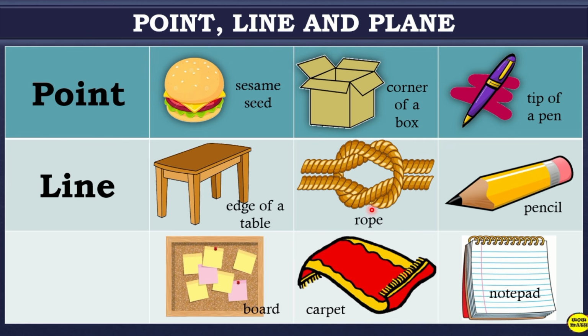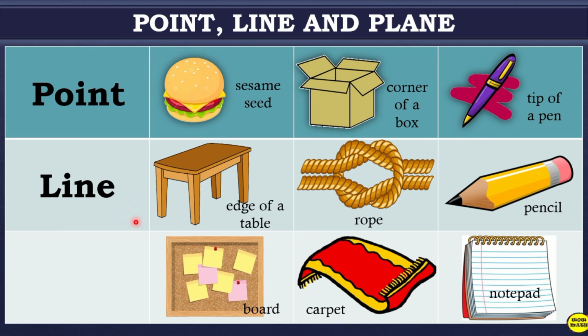Next, a rope is a representation of a line. And a pencil is a representation of a line. But if what is given is the tip of a pencil, that is a point. Since no part of the pencil is given, just a pencil, it means the whole thing. So this is a line.